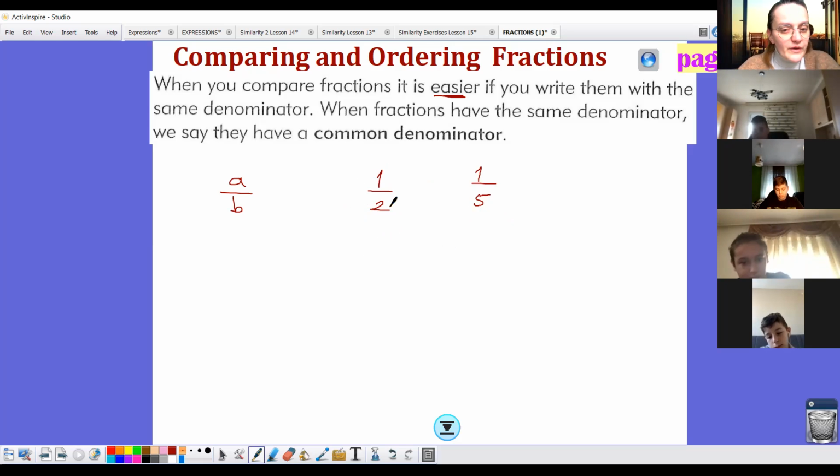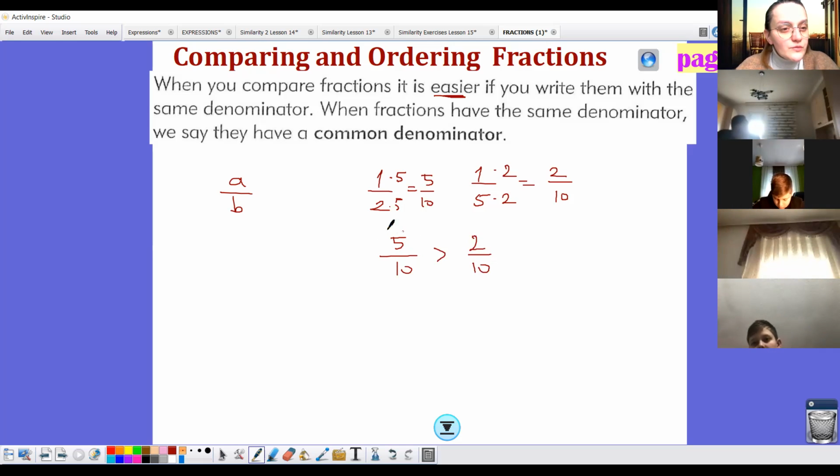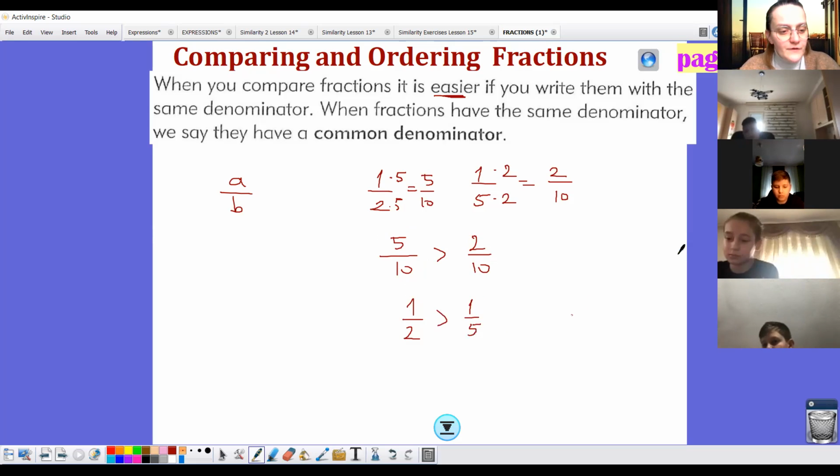I will multiply the first one by 5 and get 5 out of 10, and the second one by 2 and get 2 out of 10. Which numerator is bigger? 5 out of 10 is greater than 2 out of 10, because the numerator is greater. So from here, I can write that 1 out of 2 is greater than 1 out of 5.